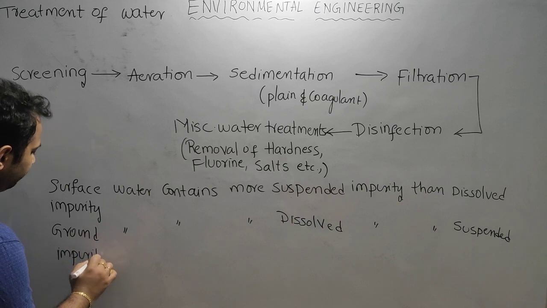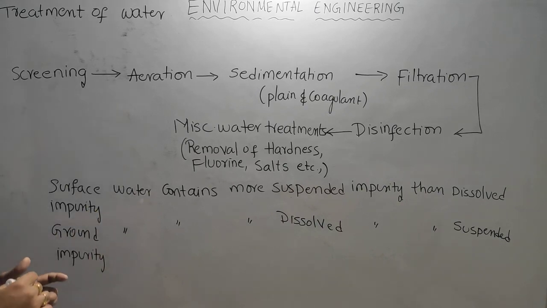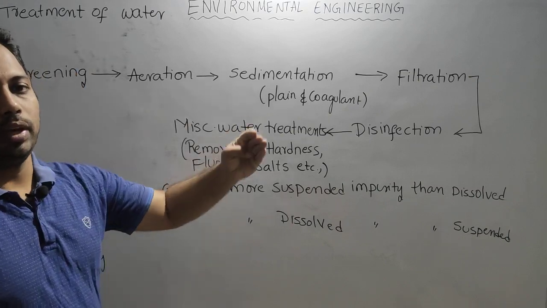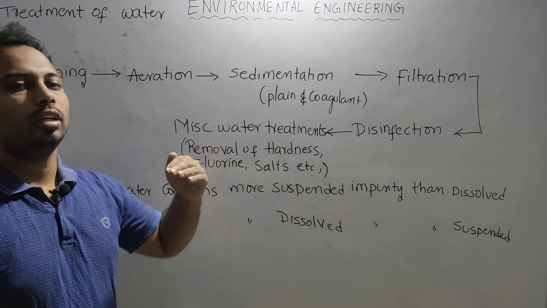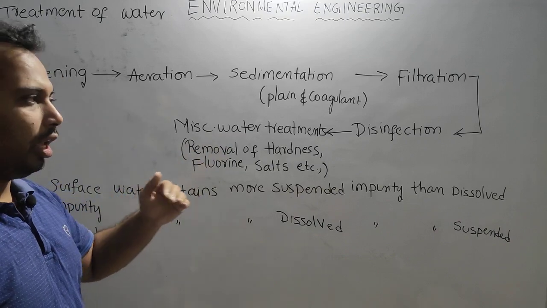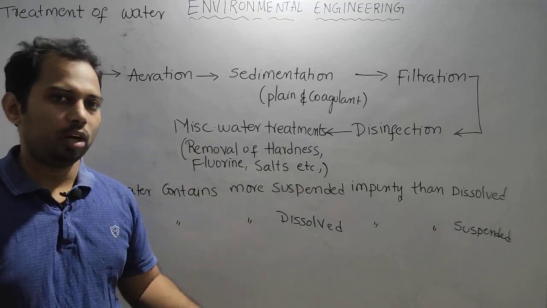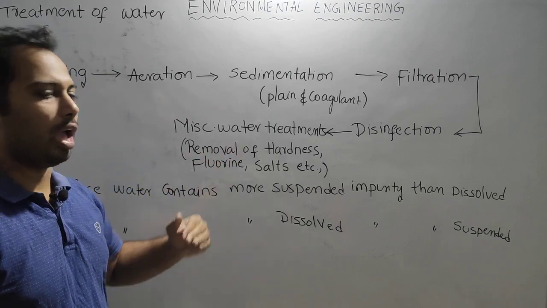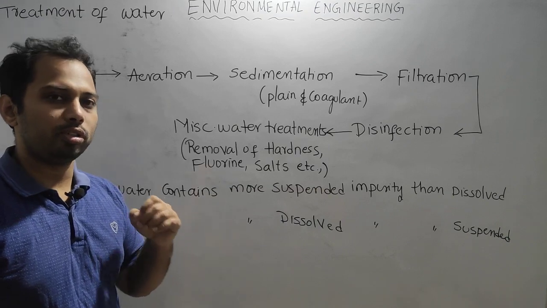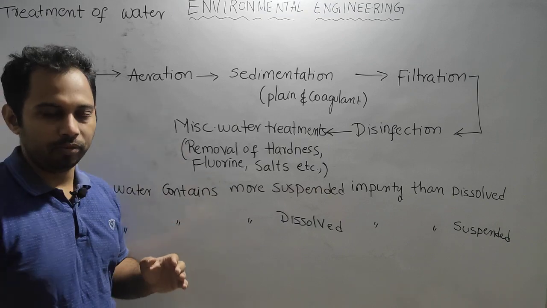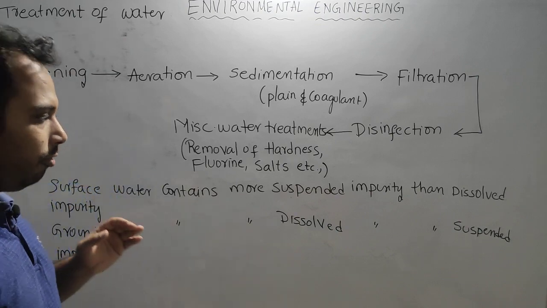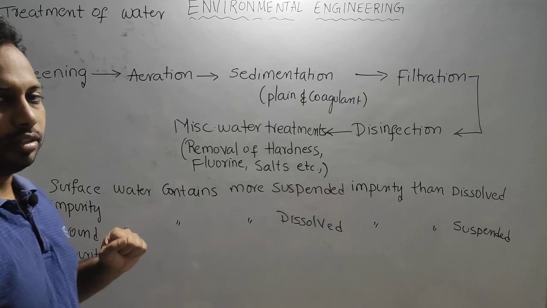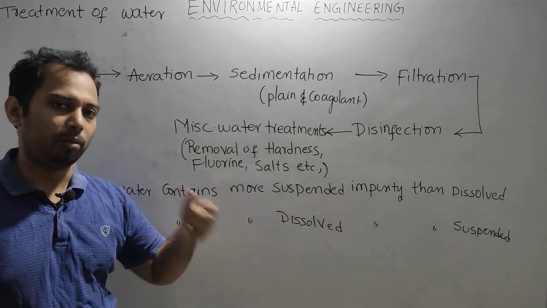Because here, how is the groundwater generated? The surface water passes through the layers of earth and meets the groundwater table. During its travel it has to pass through the pores of the soil, which acts like a filter media, because of which all the suspended impurity present in the water gets removed by this earth filter bed.